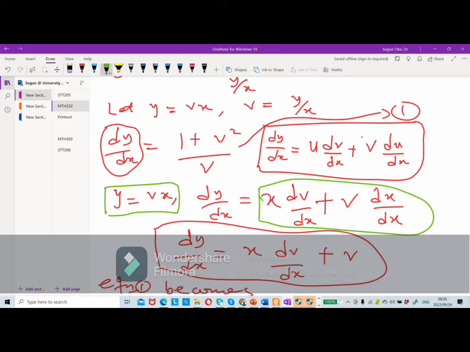This is y equals v over x. Now we said let's differentiate y, the entire y, which is this. And we know that v is a function of x, so it's not a constant. Are you getting it?